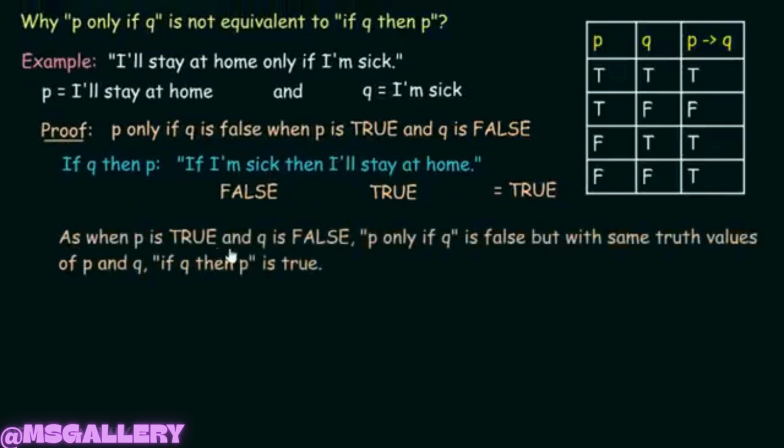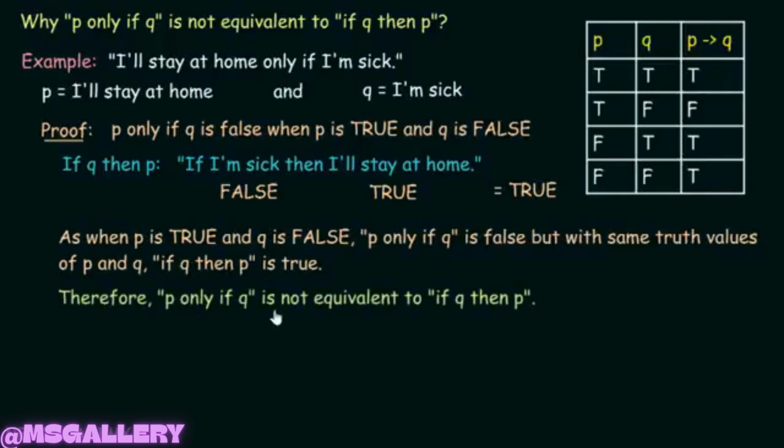As when P is true and Q is false, P only if Q is false. But with the same truth values of P and Q, if Q then P is true, right? Therefore, P only if Q is not equivalent to if Q then P. Hence, it is proved that P only if Q is not equivalent to if Q then P.